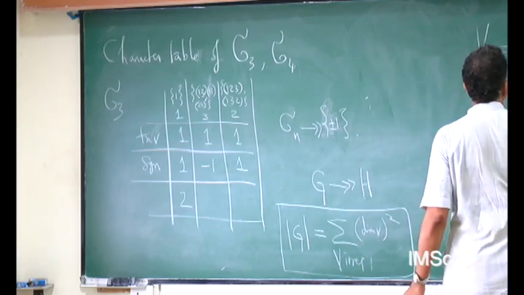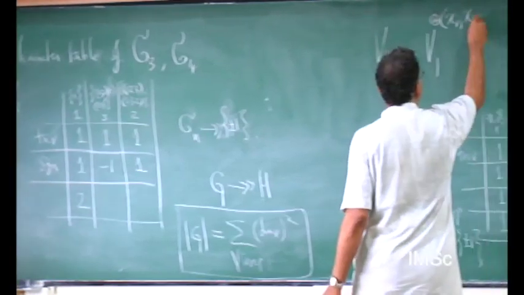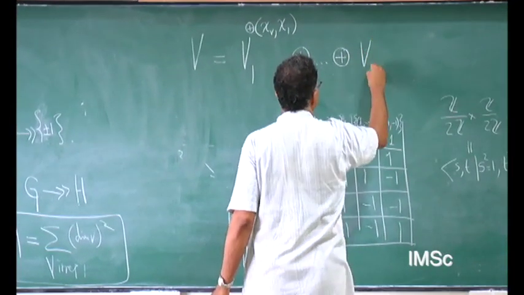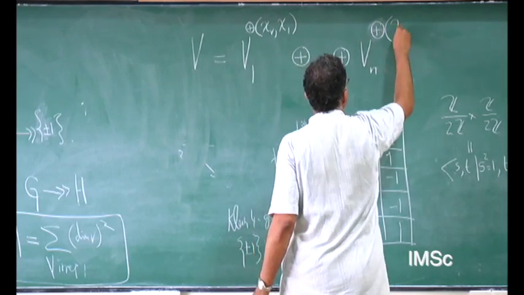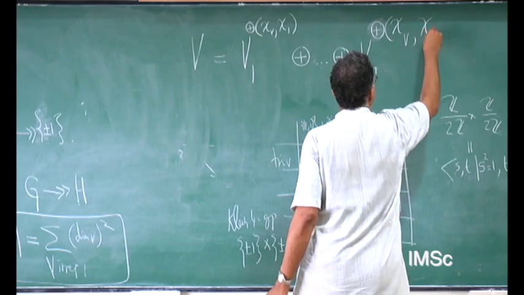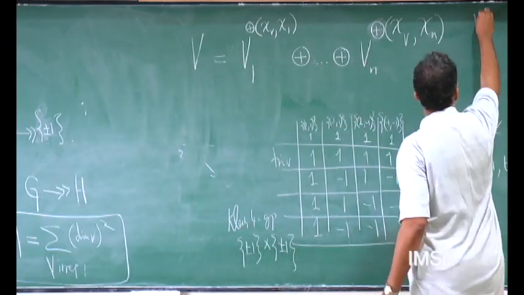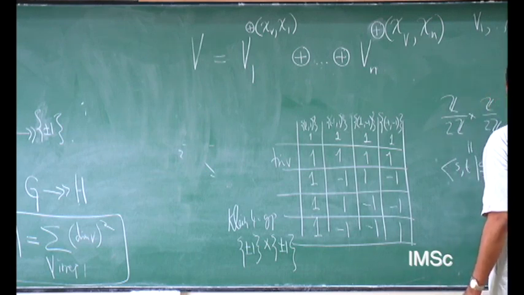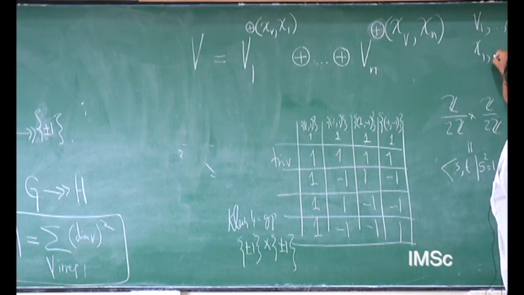You have chi V, chi 1, where V1 to Vn is the list of irreps, and chi 1, ..., chi n are their corresponding characters.